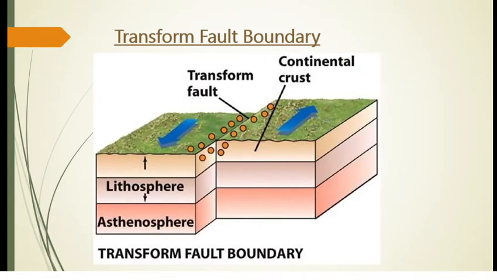Now let's discuss the transform fault boundary. Based on the picture presented, we have two plates that are moving past each other. So this is the illustration of the transform fault boundary. Now, if you can see this picture right here, because of so much friction, this particular area, for instance, will result in an earthquake, and this will be our focus.